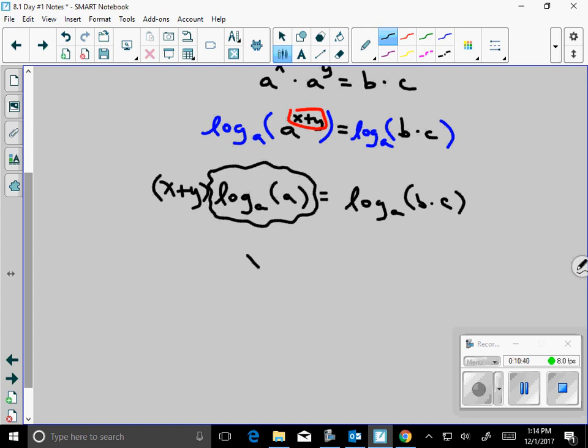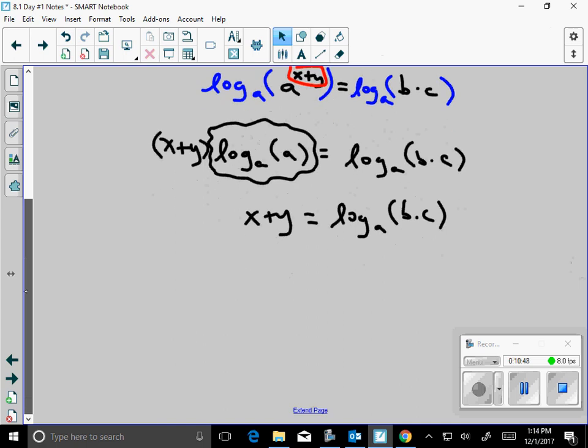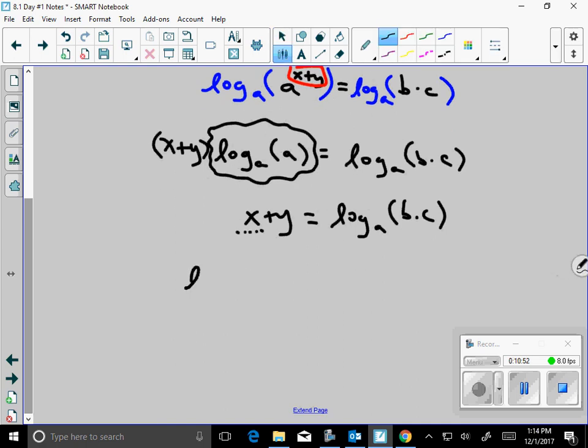So x plus y equals log base a of b times c. And what was x? Log base a of what? B plus log base a of c equals log base a of b times c.